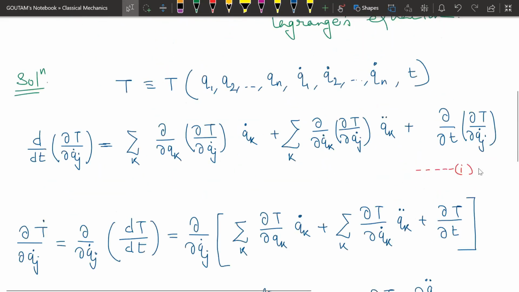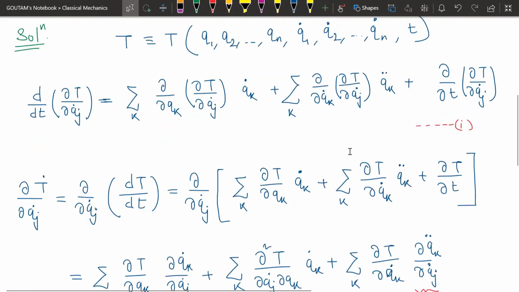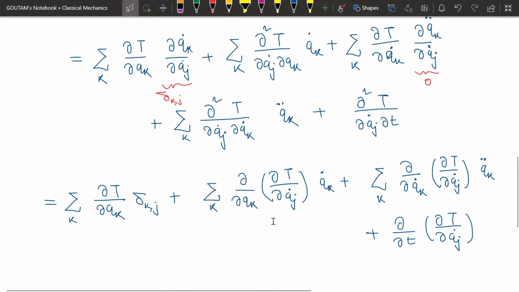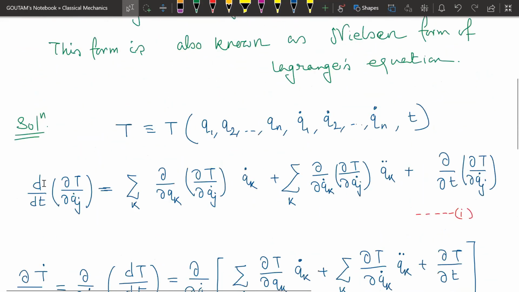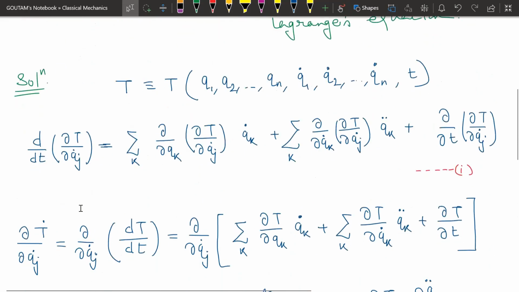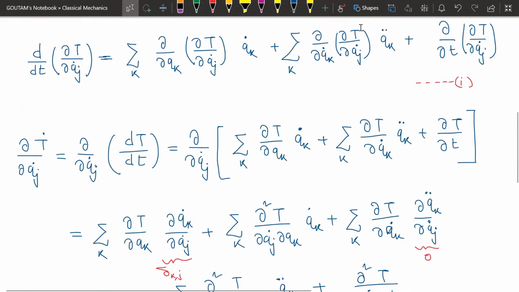Now from equation 1, we can recognize easily that these last three terms are basically ddt of del t del qj dot. Just look carefully, all these three terms.